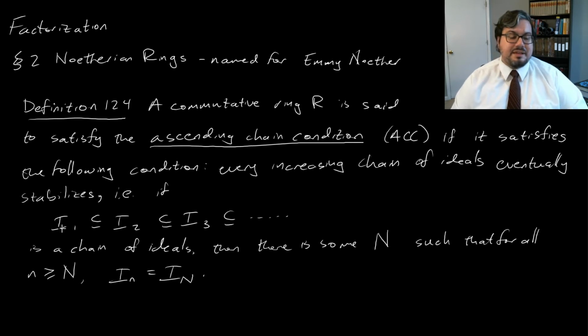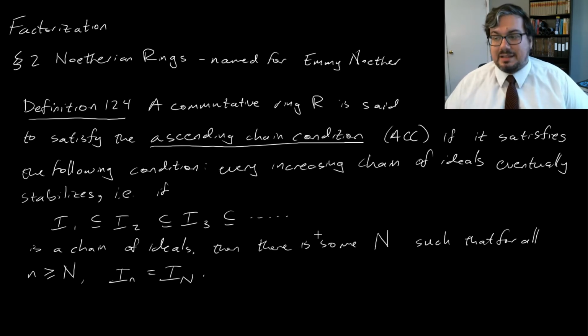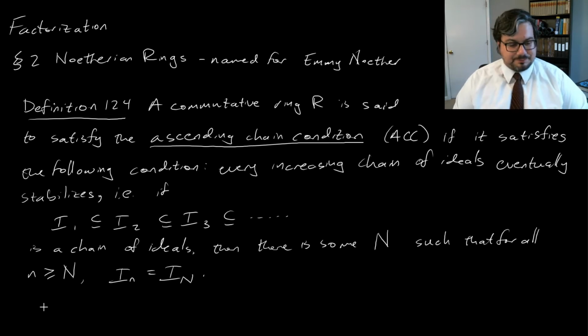So you can't have a chain of ideals that just keeps getting bigger and bigger in a ring which satisfies the ascending chain condition.